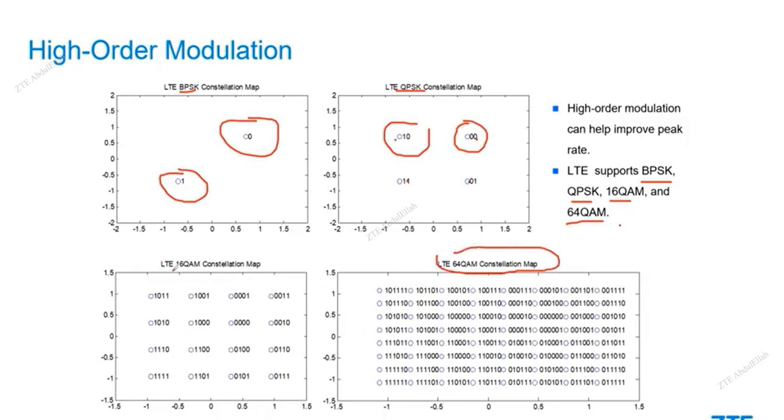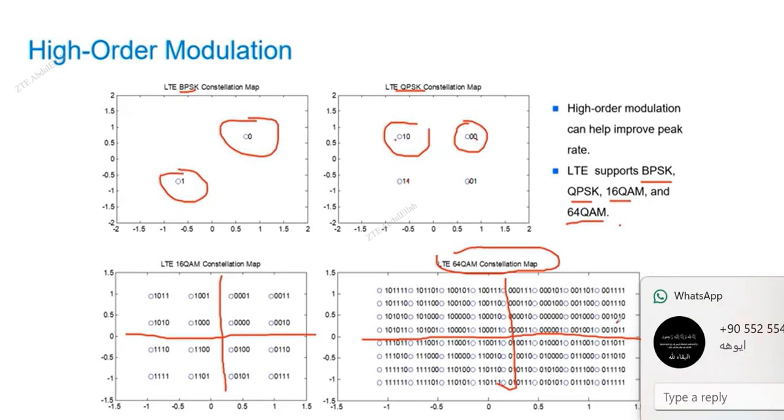In 16-QAM modulation, each phase has 4 symbols, and different symbols have different degrees and different amplitudes. In 64-QAM, there are 4 phases and each phase has 16 symbols, also with different degrees and amplitudes. So this is high order modulation. You should remember that high order modulation can help improve the peak rate.